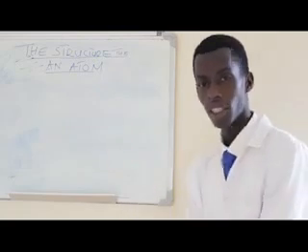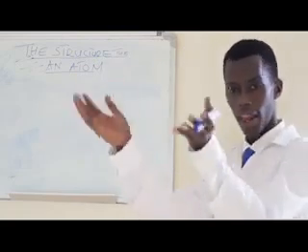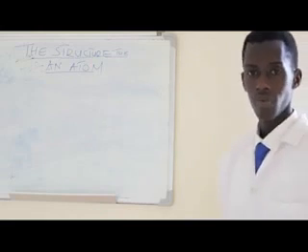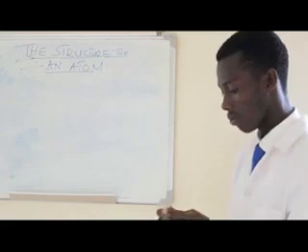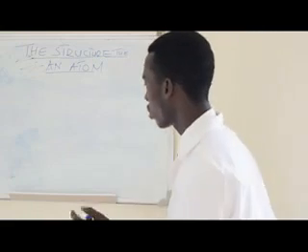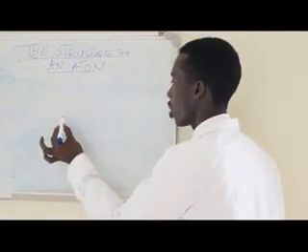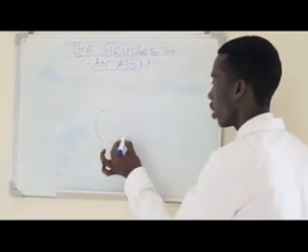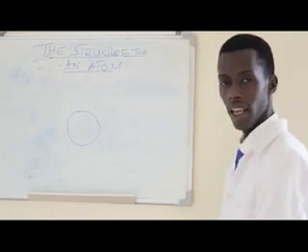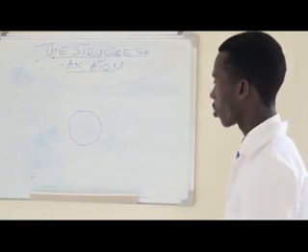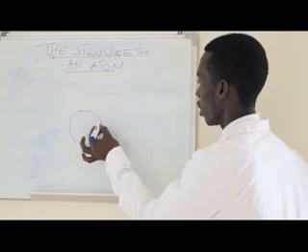So we're going to see the structure, the form, or the way an atom is. An atom is composed of a small central region known as a nucleus.